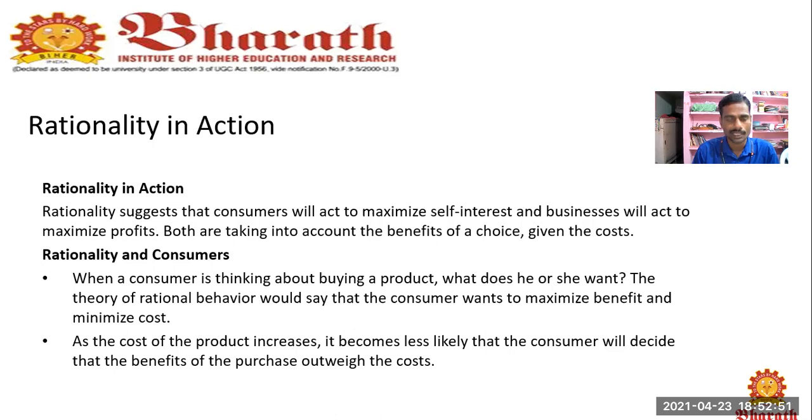By buying mango, I want to maximize benefit, and the cost would be mine. I do not want to spend more or much on those commodities. As the cost of the product increases, it becomes less likely that the consumer will decide that the benefits of the purchase outweigh the cost.